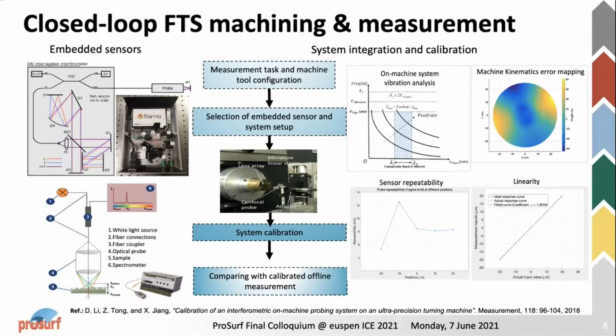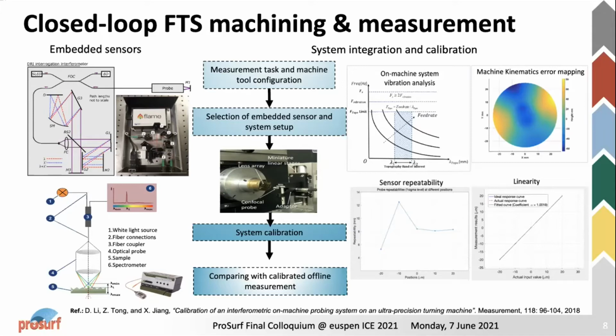To make on-machine surface alignment results compatible with the offline alignment results, the whole system needs to be calibrated carefully in the machining environment. This includes the motion error calibration and also the sensor repeatability and linearity calibration in the machining environment.